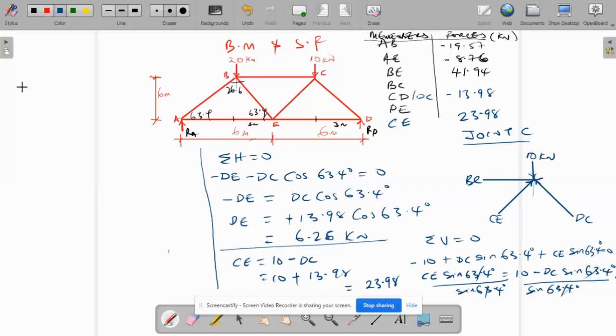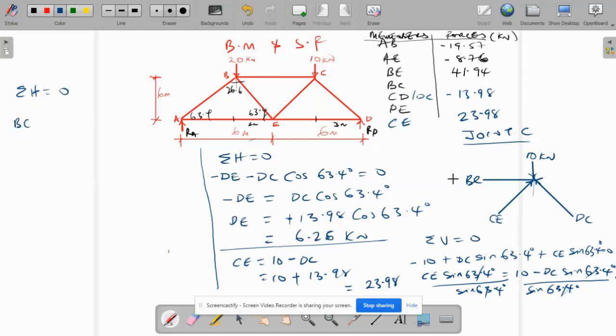Horizontal forces, a summation of horizontal forces is equal to 0. So for our horizontal forces, we resolve this horizontally and this horizontally. We have BC, which is pointing towards the right, so BC is going to be positive.